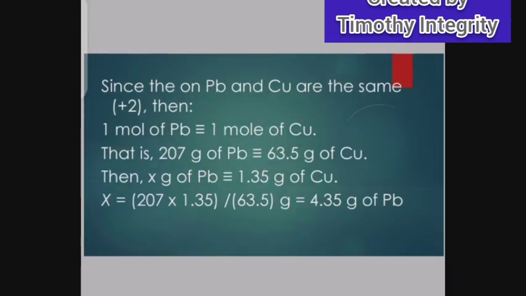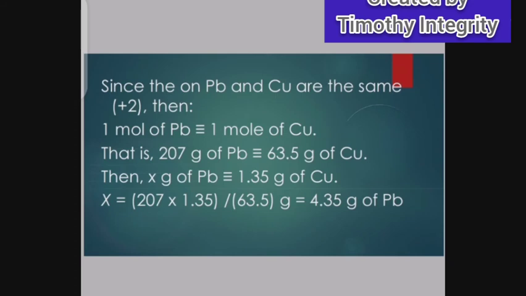Now, since lead and copper have the same charge of +2 each, 1 mole of lead is equivalent to 1 mole of copper for the same quantity of electricity, which means that 207 grams of lead is equivalent to 63.5 grams of copper.